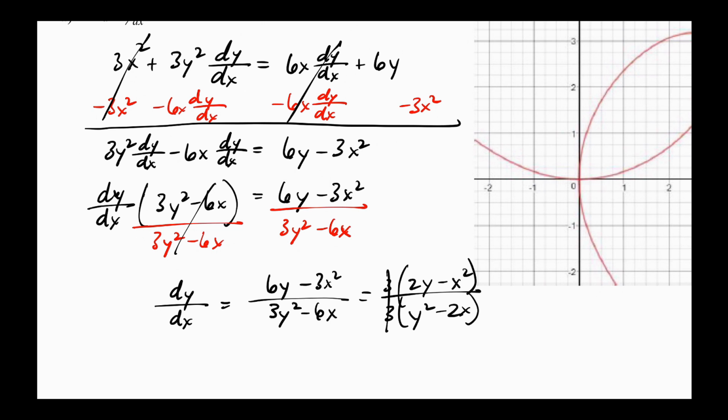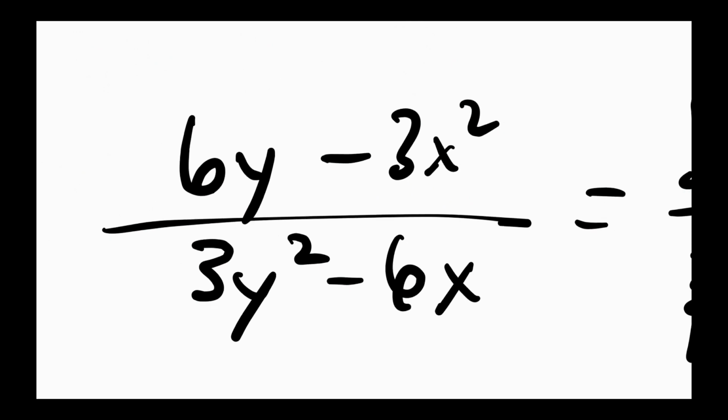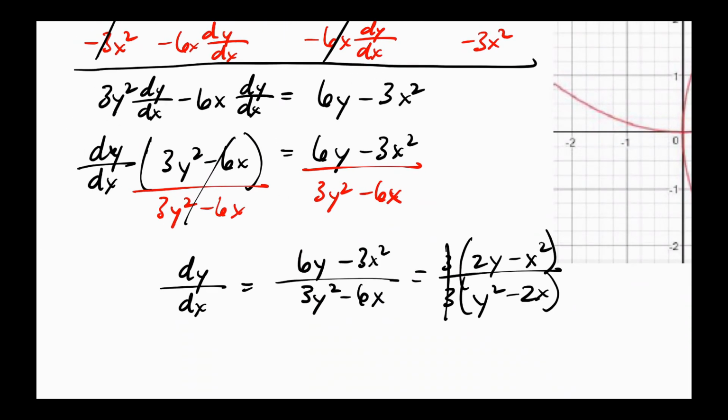Again, on a multiple choice test, you might need to do that because the answer might not be this guy here. On a free response test, it won't be marked against you if you don't, because it's technically the right answer. It just can be factored out.